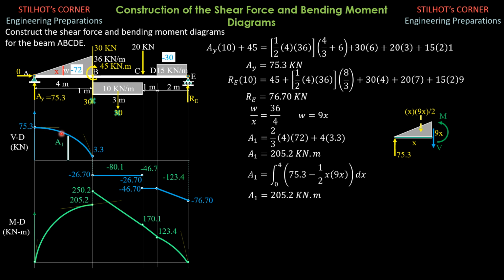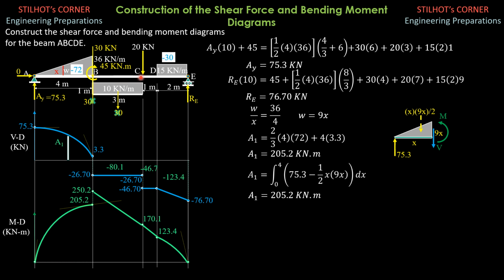So this is the curve. Then, because we have a concentrated load of 30, 3.3 minus 30 is negative 26.7. There is an abrupt change, so negative 26.7.